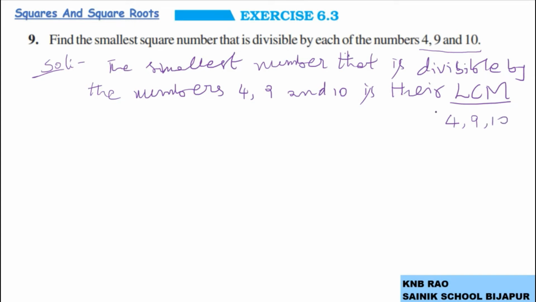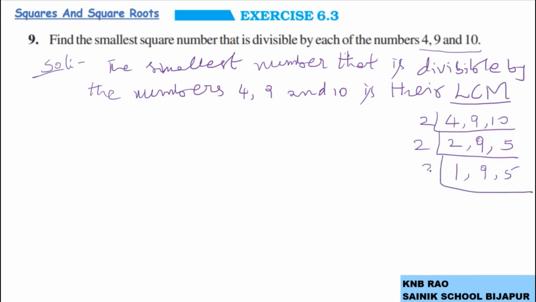The procedure of finding it, we are very well aware of. 2 2s are 4, 2 will not divide 9, 9 is taken as it is, 2 5s are 10. Now here, amongst them the smallest prime number which divides at least any one is 2. 2 1s are 2, 9 as it is, 5. 3 3s are 9, 5 as it is, and 1, 1 and 1.